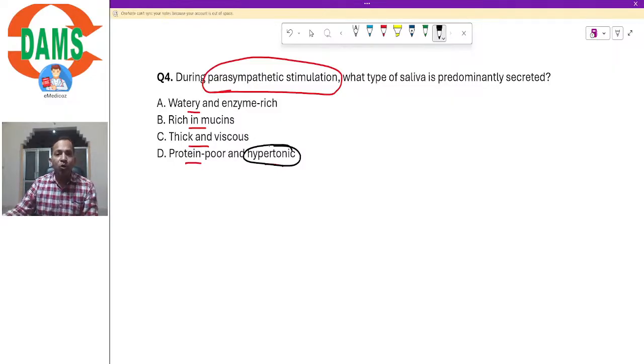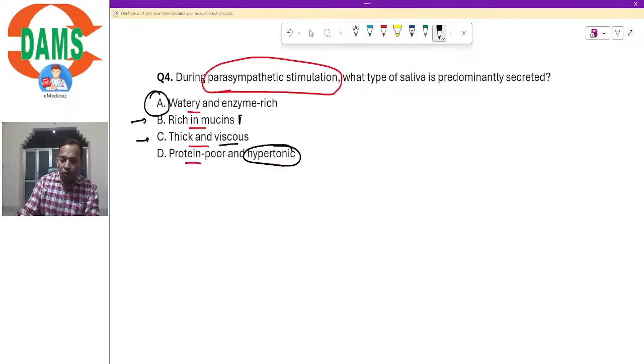It cannot be hypertonic, right? Thick and viscous, rich in mucin. Both of these options are talking about the same thing. It will be thick and viscous when it is mucinous, right? When there is more mucin, it will become thick and viscous. So we can easily rule out options B and C. Obviously, when there is an increased stimulation, more saliva will form, more water will be drawn, right?